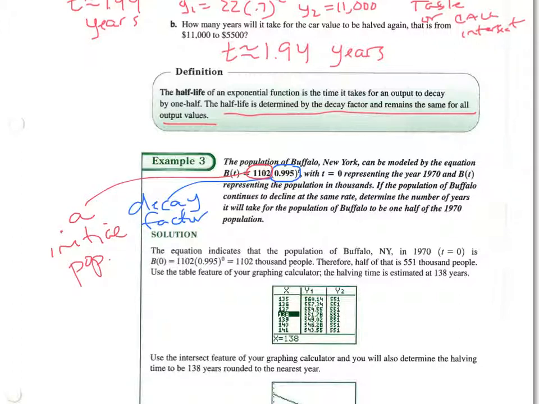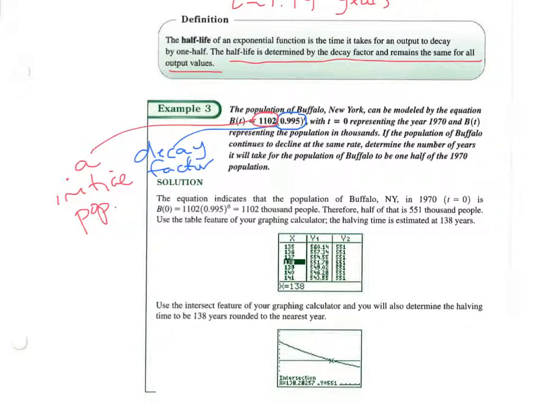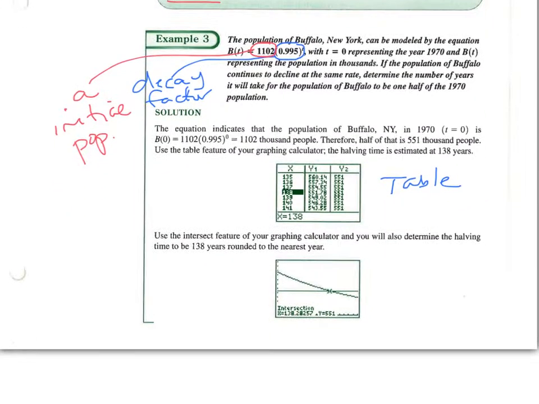And that's in thousands. Okay, so first thing, let's see. You have this in a table, and looking at how long it takes for it to go in half. So 1102 is the initial thousands of people, half would be 551. So again, here they're using your table, just showing you another example of that. And then they're using the intersect.